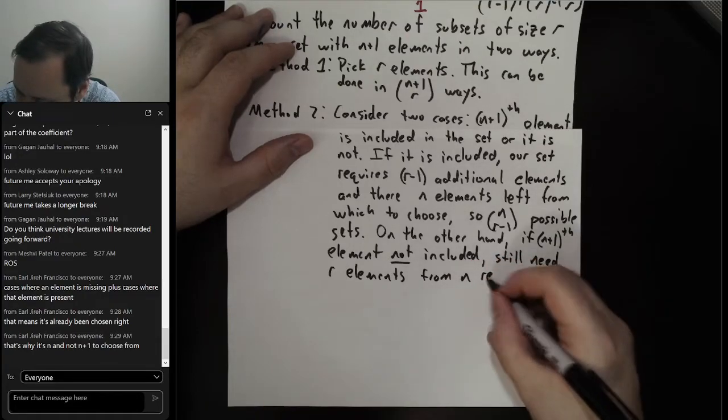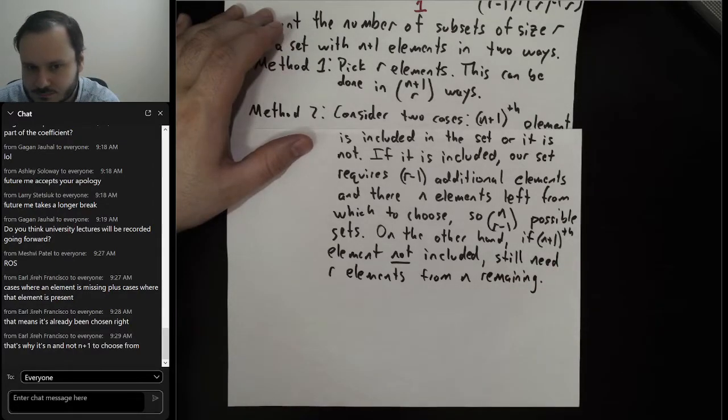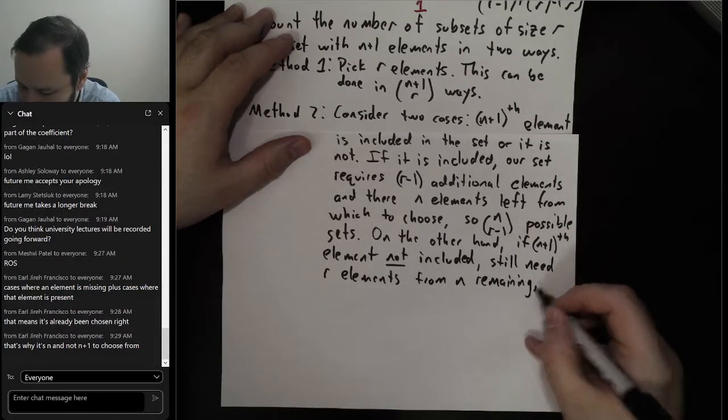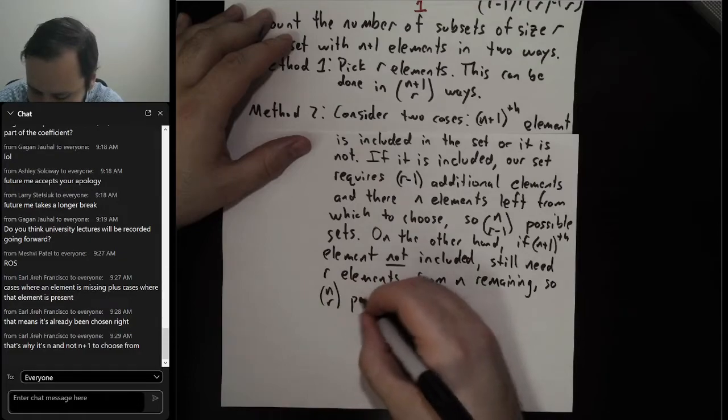From n remaining, so n choose r possible sets.